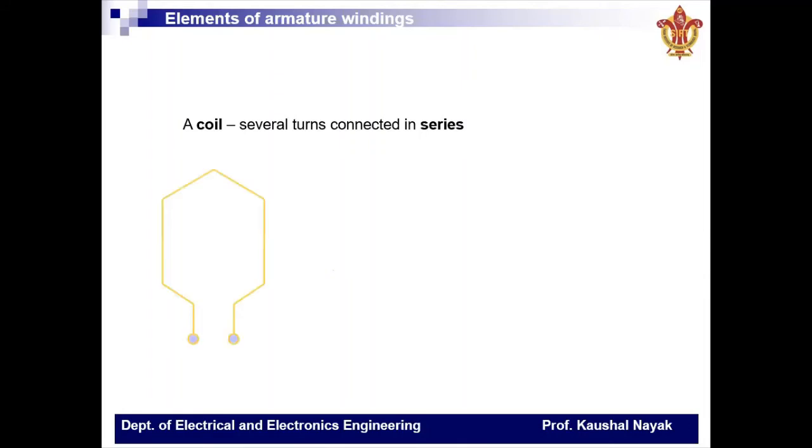A coil may consist of any number of turns. One coil has one turn. This coil has two turns.